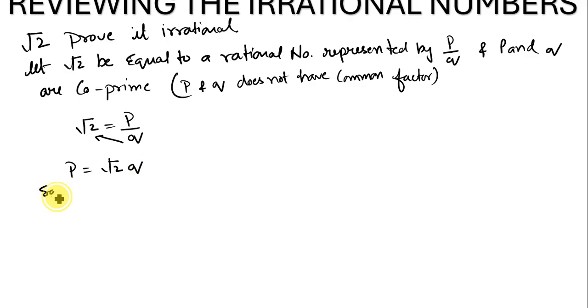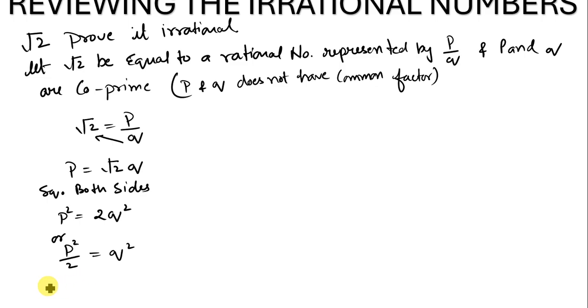Now we will simply square both sides. You can write it as it is in the solution when you are doing it in your notebooks. So now it will be p square equals 2q square, or we can say p square divided by 2 will be equal to q square.